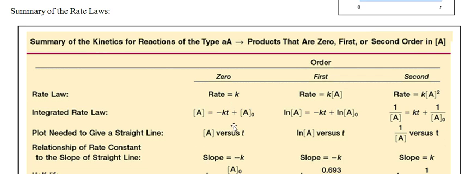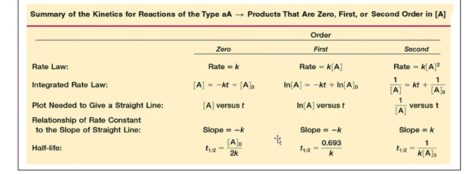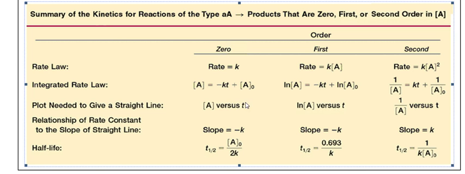At the bottom of the page on the front side here, I have a summary of all the rate laws, the orders, and the type of graph. Especially this middle row right here probably is the most important thing that you need to know for the concepts when it comes to the AP exam, and being able to determine the type of graph and what the order of the reactant is.